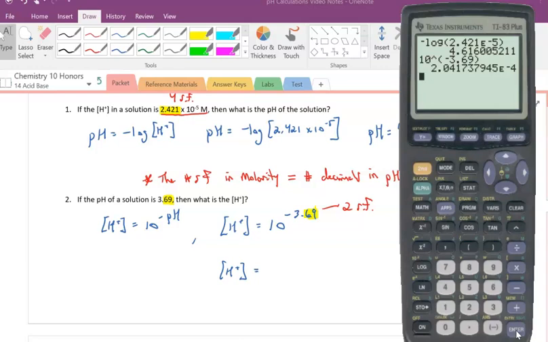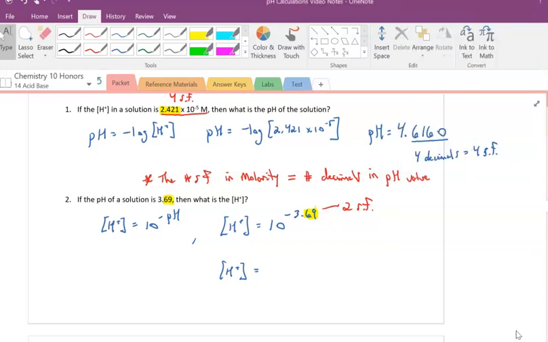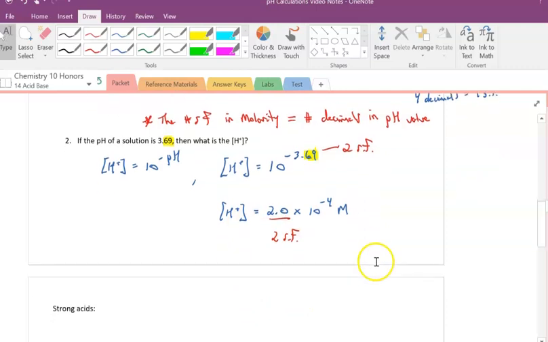Now, I'm only going to write down the first 2 digits. I only want 2 sig figs. Because it's 2.0, the next digit's a 4. I'm not rounding. So my final answer is 2.0 times 10 to the negative 4th molar. Because, again, I only had 2 decimals, I only want to leave 2 digits in my molarity. All right, let's do a couple of practice on the next page.